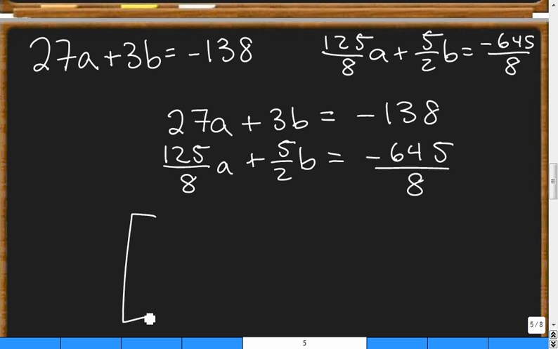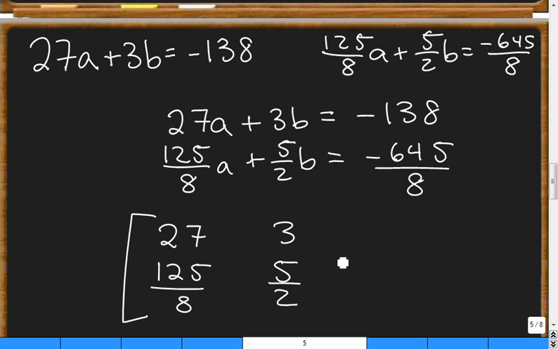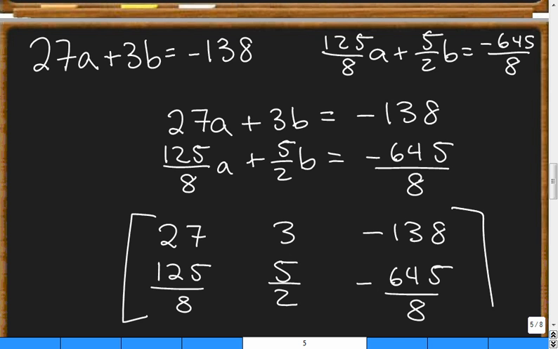Basically you're just going to take out the A's and B's, and list just the coefficients. So we get 27, 125 over 8, 3, 5 halves, and then over here we get negative 138 over negative 645 over 8.